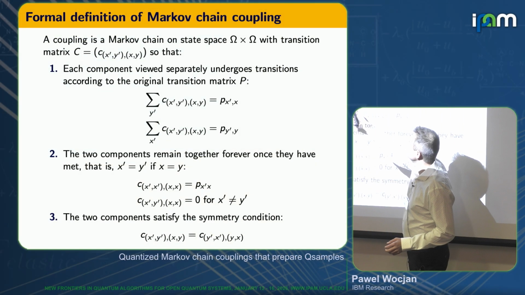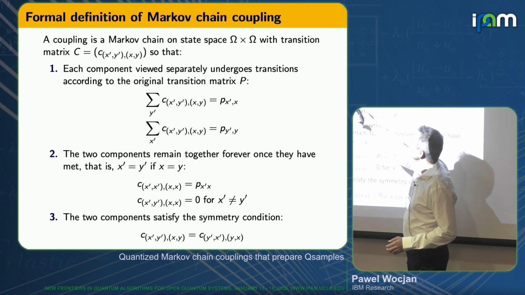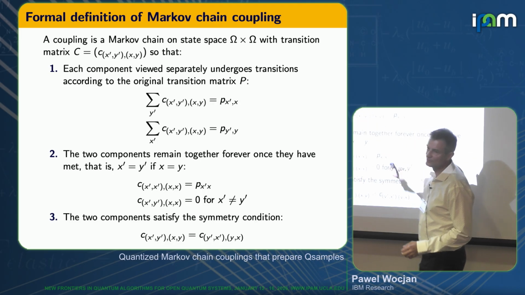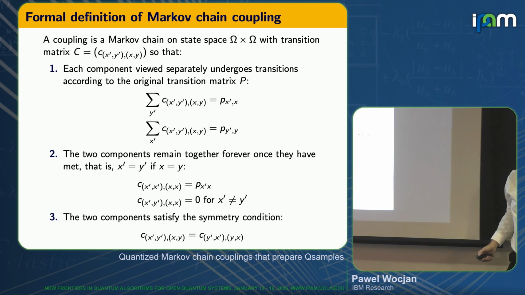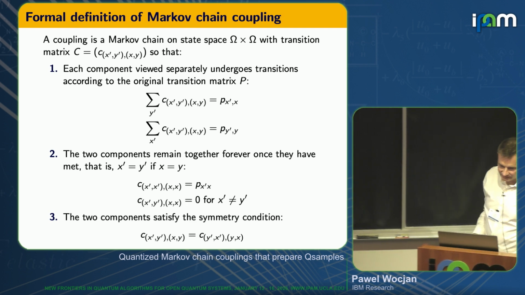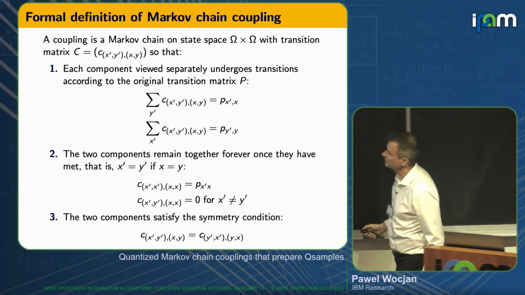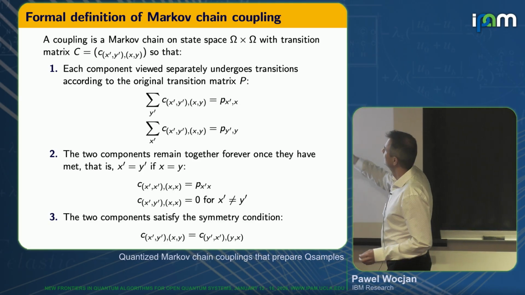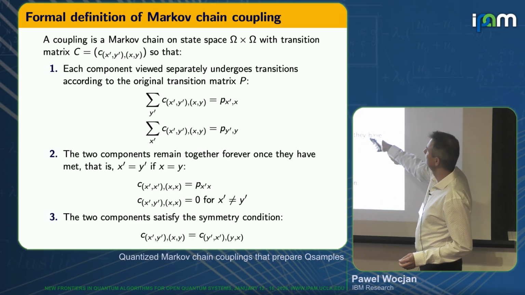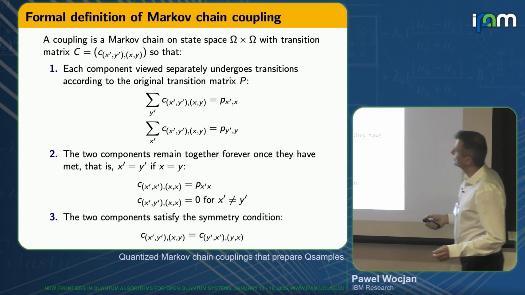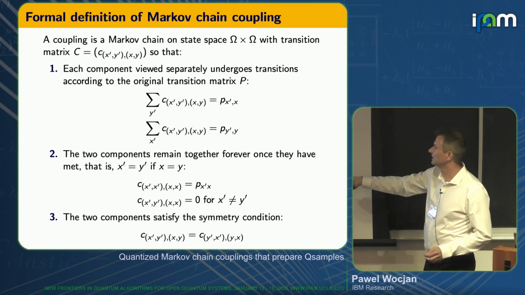Okay, so X is the position of Alice, and Y is the position of Bob. And so this formal definition of a coupling is that each component viewed separately undergoes transitions according to the original transition matrix P. And this is expressed by these two formulas.